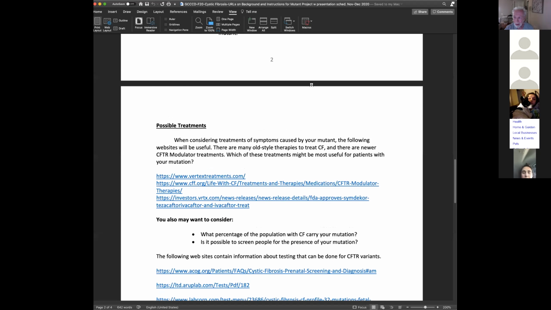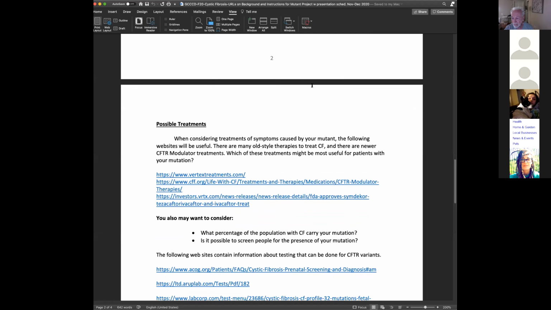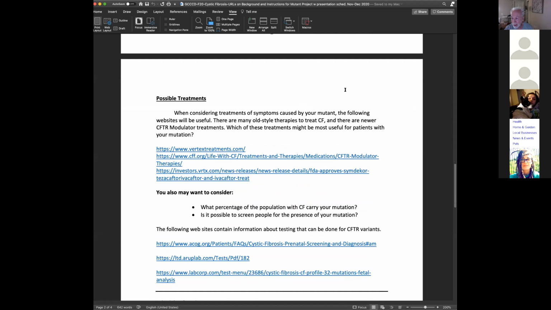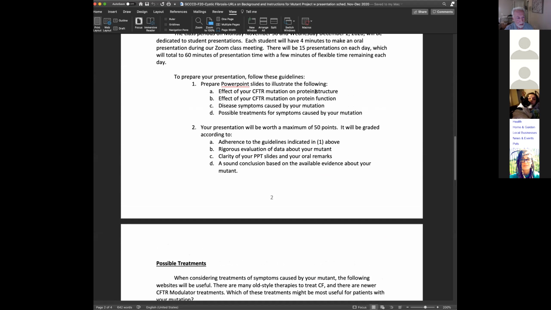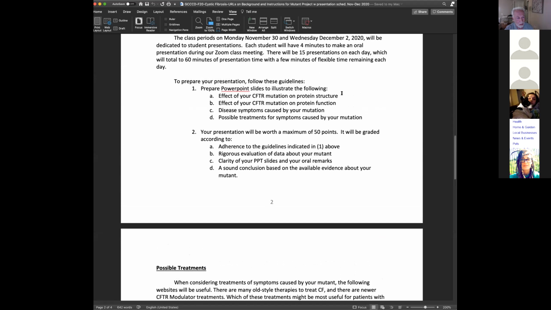Anything else? I do have a question. It says to prepare 2 or 3 at most PowerPoint slides, and says effect of your CFTR mutation on protein structure. Is the protein structure our mutation? Protein structure is, okay, so you've got a certain nucleotide sequence for the CFTR protein, a certain amino acid sequence for the protein, and now you have a mutation in it.